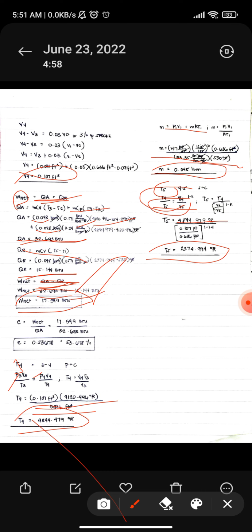So, substitute lang tayo dito. W net is equals to 17.594 BTU over QA na 32.693 BTU. So, yung E natin dito is equals to 0.53678 or 53.678%.